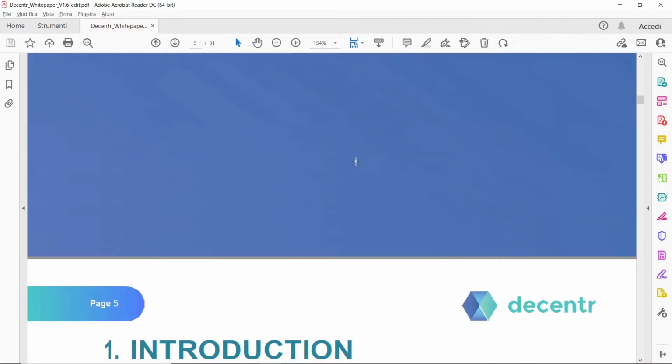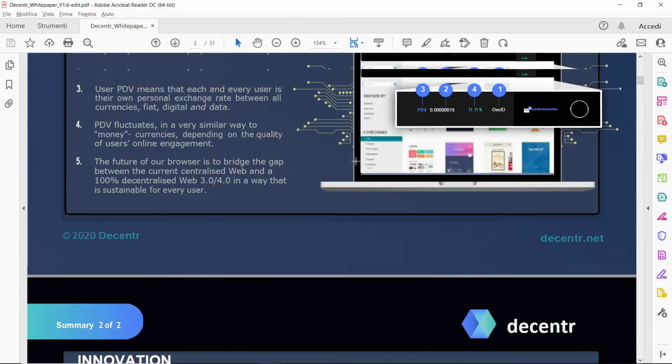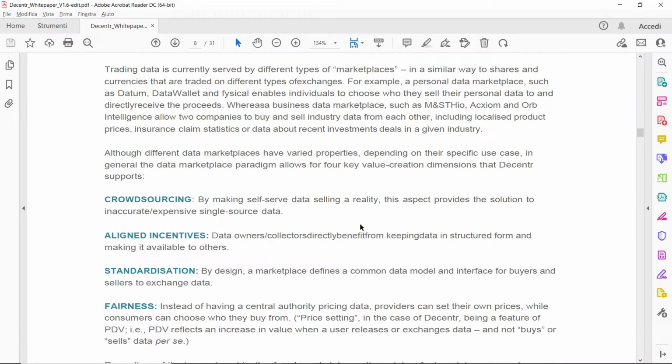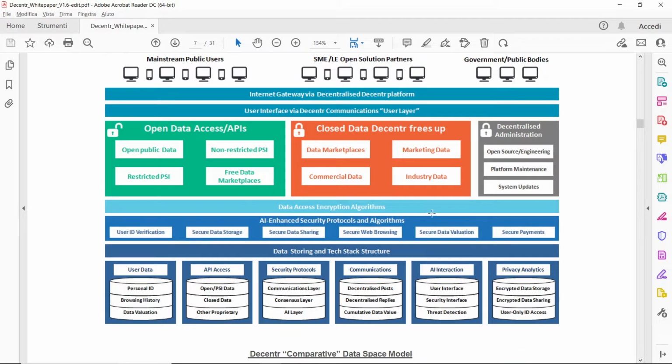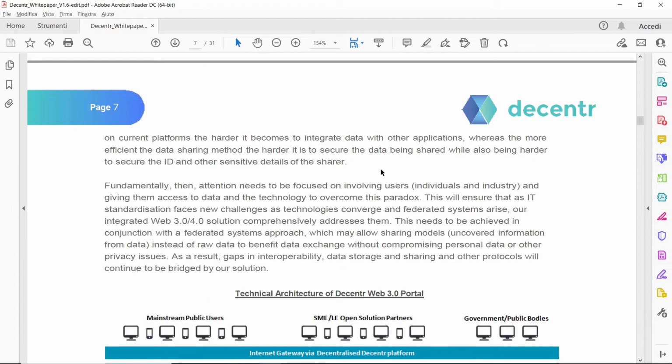Decentr has a very ambitious project because it does not only want to be a web browser, instead it also wants to be a bridge between the old browsers and Web 3.0. By old browsers, I mean Chrome or Safari or Mozilla Firefox. They give an explanation of what Web 3.0 is for them, because Web 3.0 is not a standard yet.